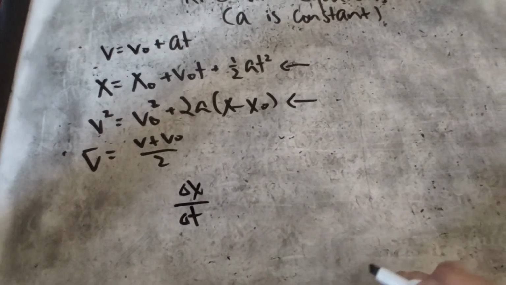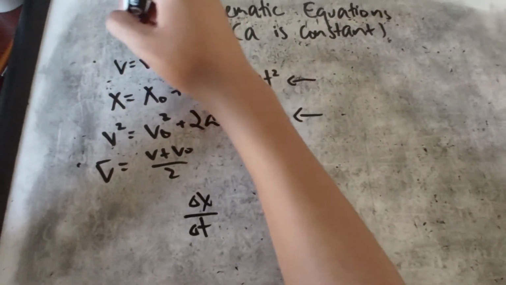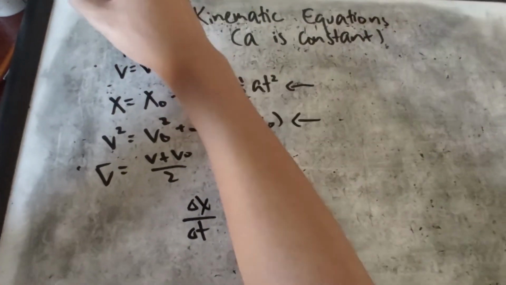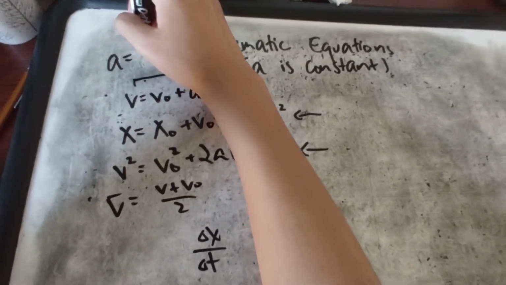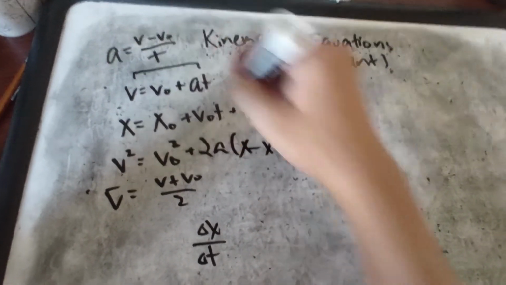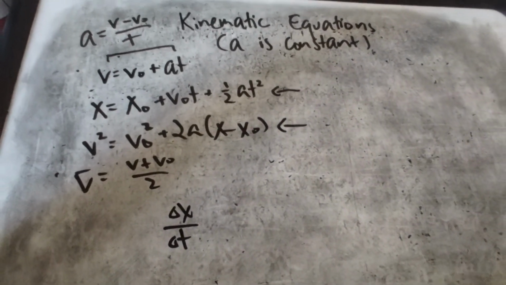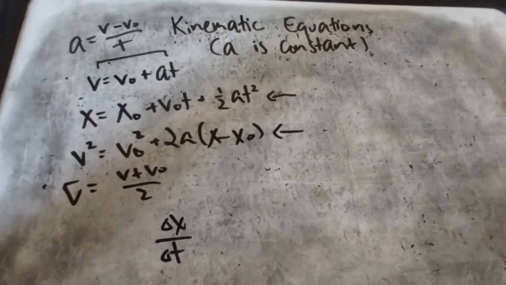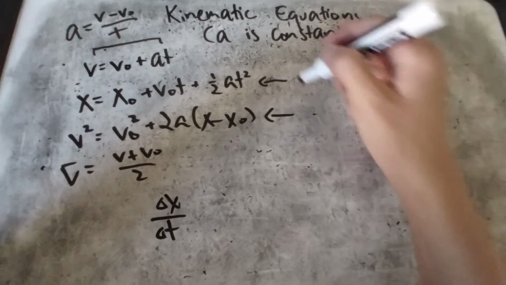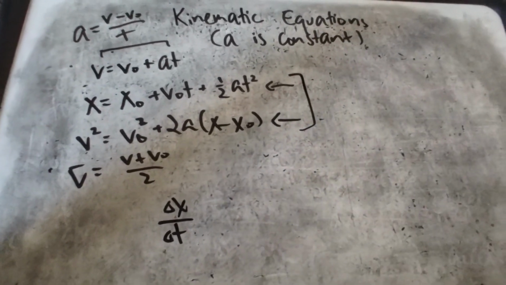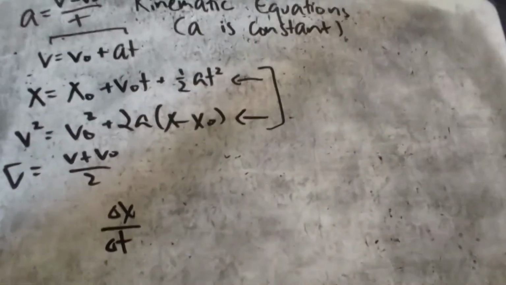It basically gives you the same thing. And this one up here is the definition of acceleration, rewritten in a way that isolates v, so you don't really have to memorize that either if you know the definition of acceleration. It's mostly just these two that you have to focus on to get down over practice.